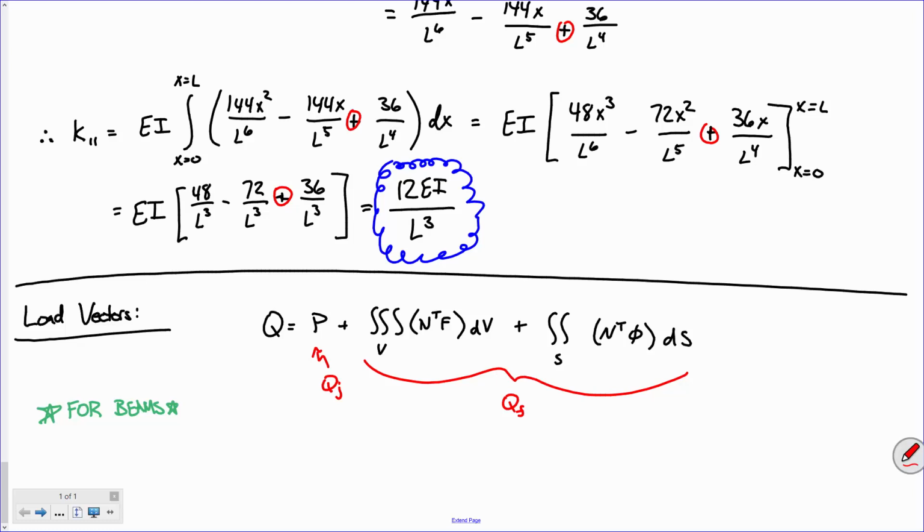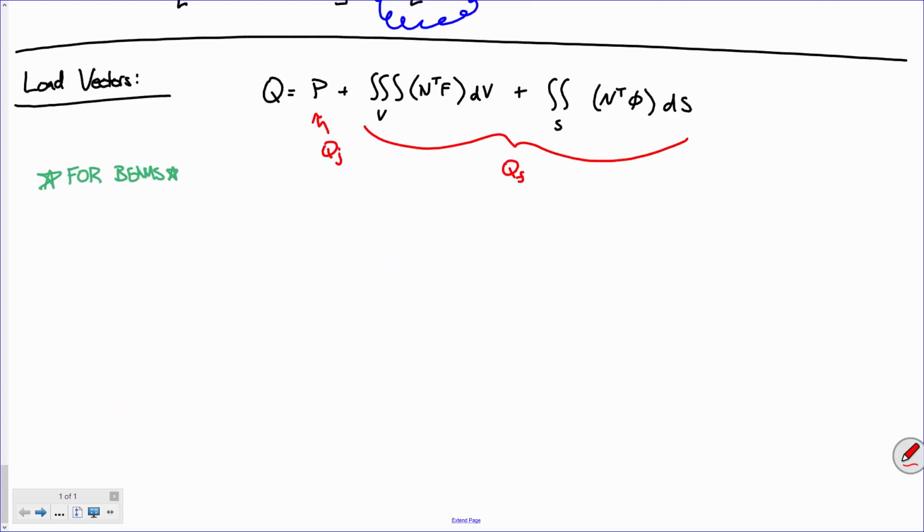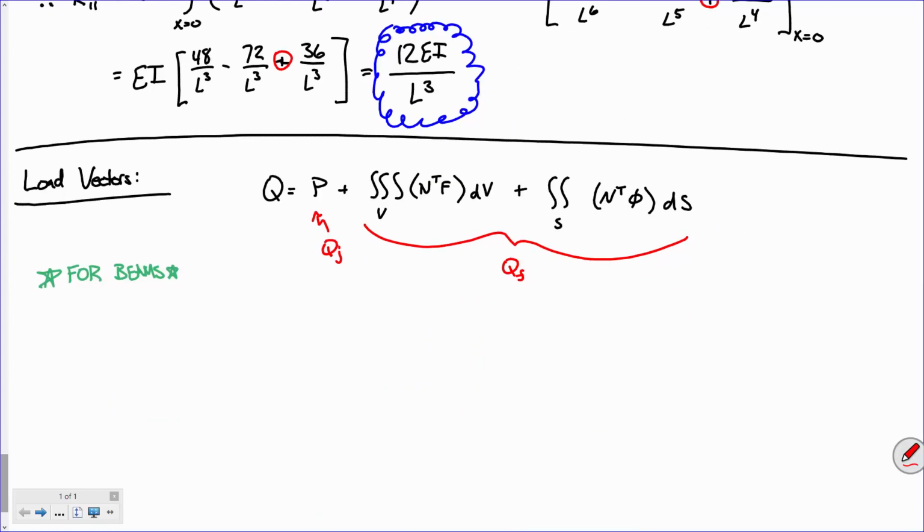Now, the trick that we pulled last time, how we can take a volume integral and turn it into an integral over the length, we can kind of do the same thing. Now, I propose to you that for beams, let me extend this out a little bit, we can say that our fixed end force vector will end up being the integral from x equals 0 to x equals L. And then, because beams really only have a load as a function of x, I'll say we have some load as a function of x times N transpose.